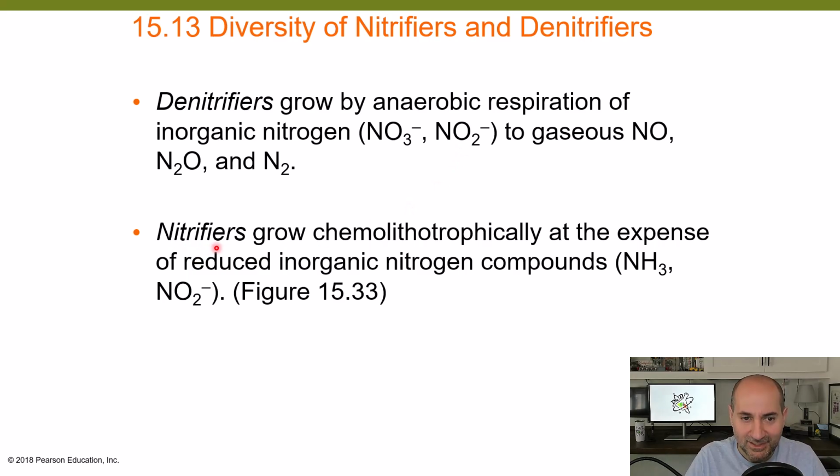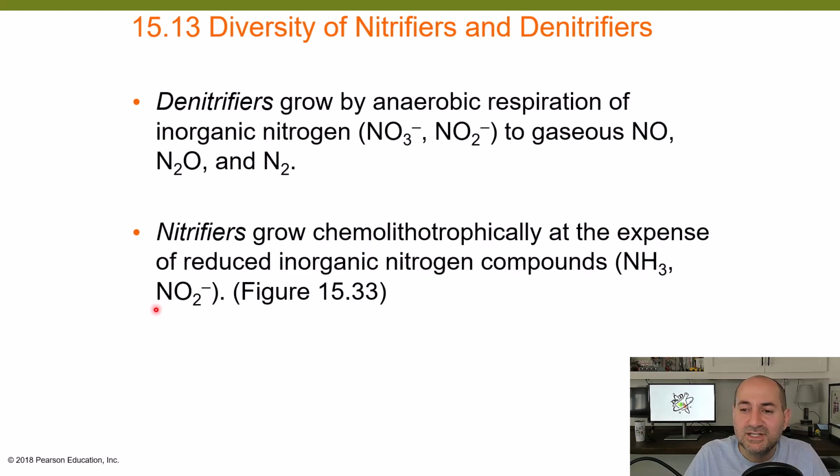The opposite, right? So these grow chemolithotrophically at the expense of reduced inorganic nitrogen compounds. So these ones grow by using ammonia and nitrite as an electron source, right? So they are able to oxidize ammonia and oxidize nitrite.